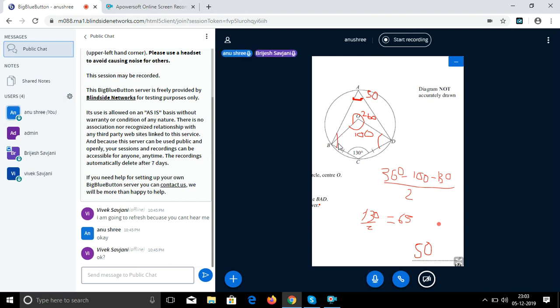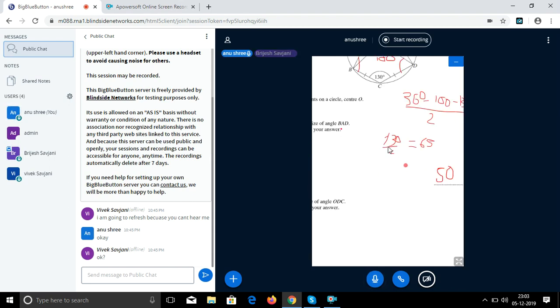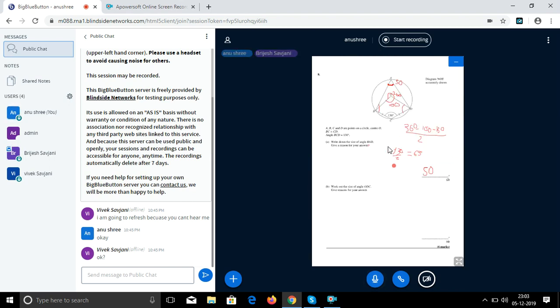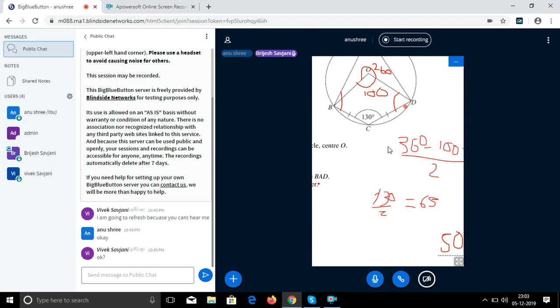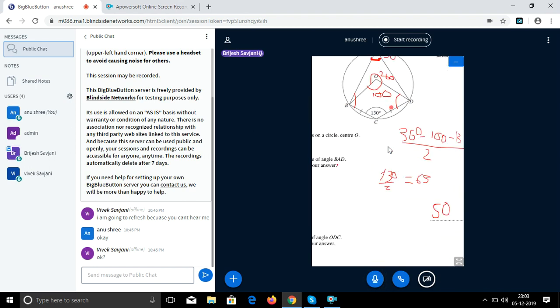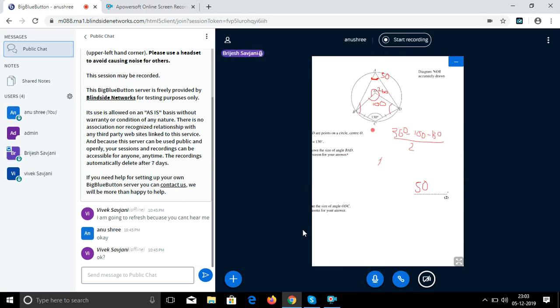Okay, and by which you have proved that these opposite angles are equal. Actually, wait, no, that's wrong, because 65 times 2 is... I'm just asking why you think angle B and angle D are equal. Oh, wait, no, they're not equal, are they?